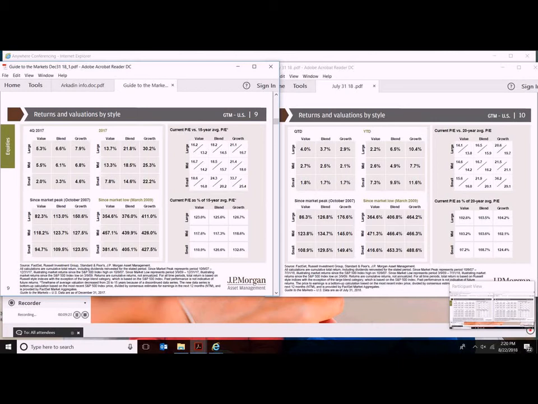And just to point out, small growth, where we've seen some of the most return in all of these different categories. These are mainly tech companies, biotech companies, and so we're seeing some valuations that are a little bit high, but still coming down from that December 31st, 2017 average.